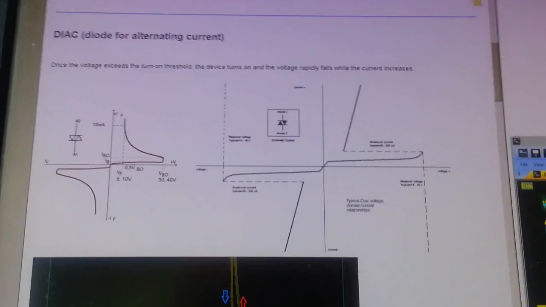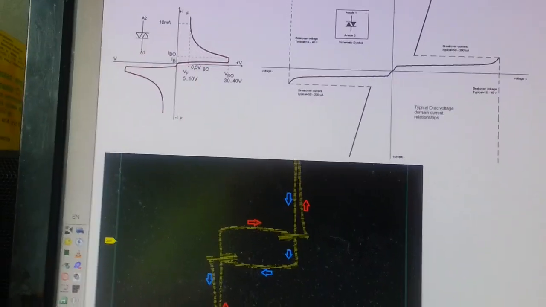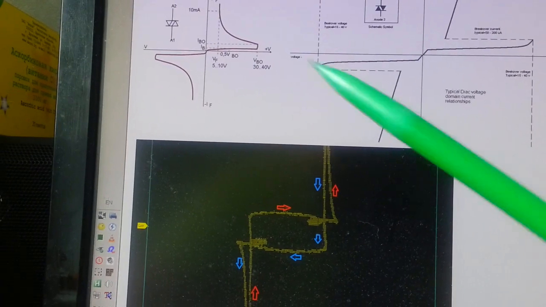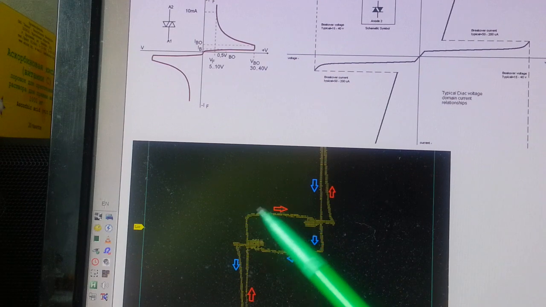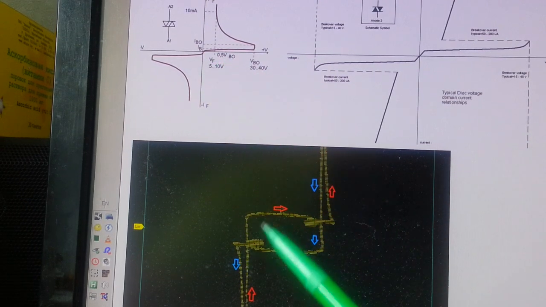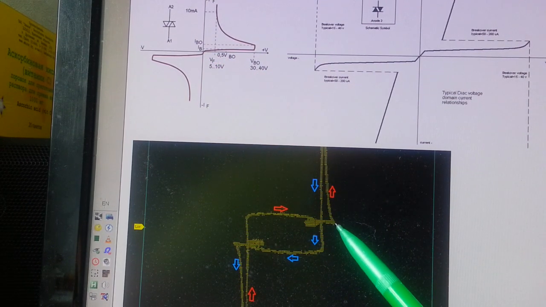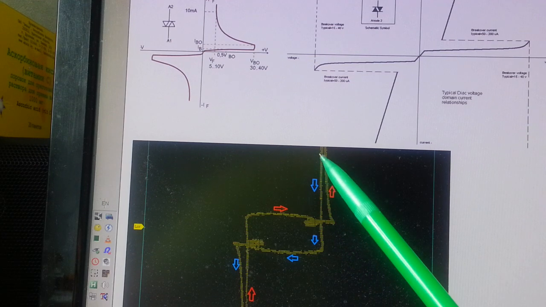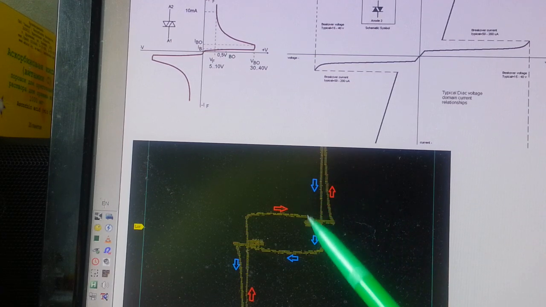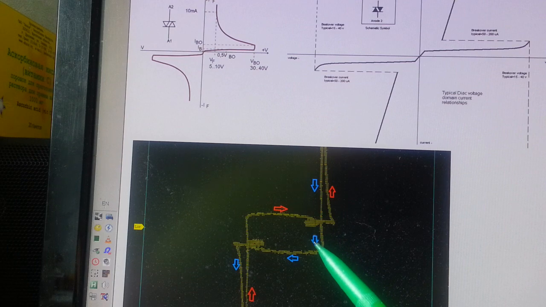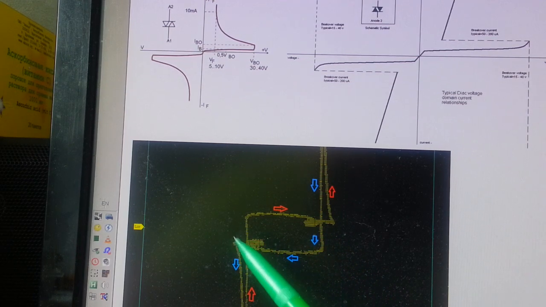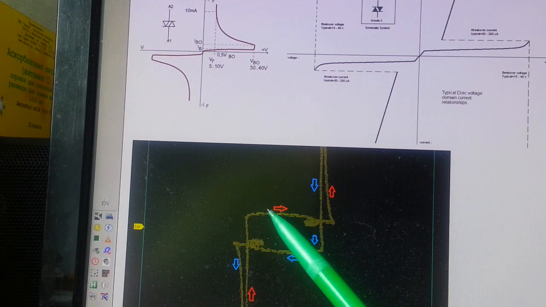I received a similar graph from the oscilloscope, it's a bit different. If you look at the curve, this curve is that one. So we have an increase in voltage, then an increase in current, then it falls down using the opposite path, and the process repeats again.